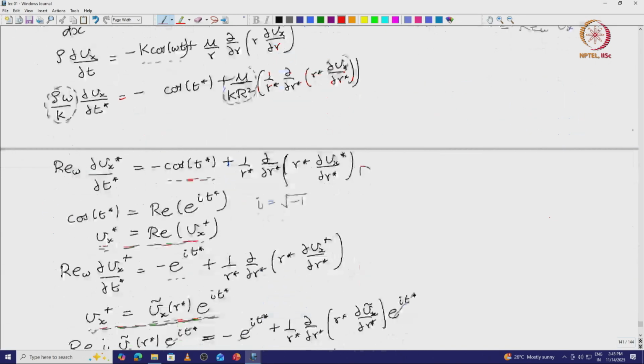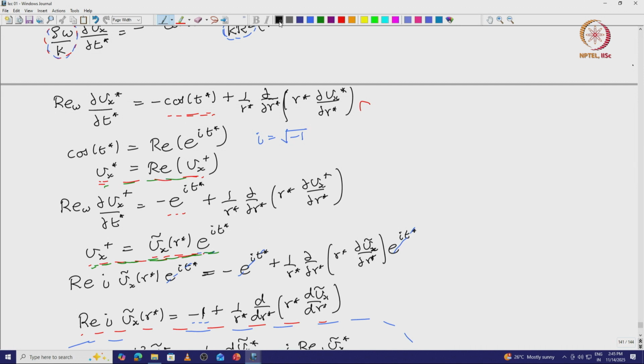And on the left side we have this parameter, which is the Reynolds number based upon the frequency of oscillations and the pipe radius. And on the right side I have the pressure gradient term, which is now sinusoidal, and the viscous term.